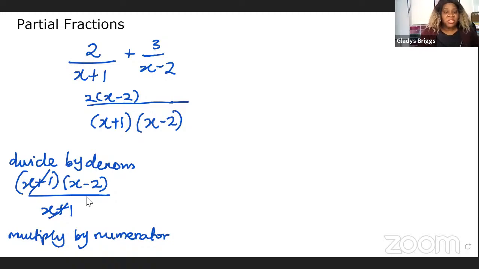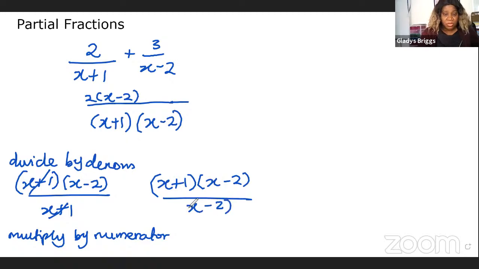And if you do the same thing on the other side, x plus 1 times x minus 2 divided by x minus 2, you cross those two out and you have x plus 1 left. You multiply that by the numerator 3, so that will be 3 times x plus 1.